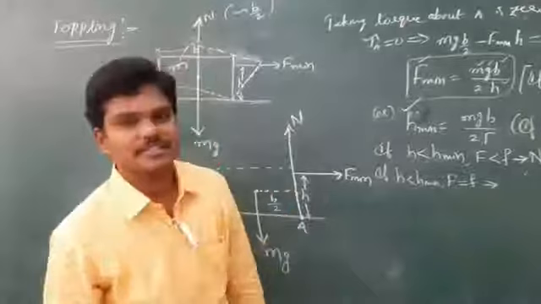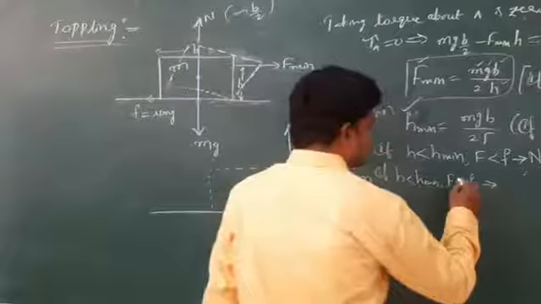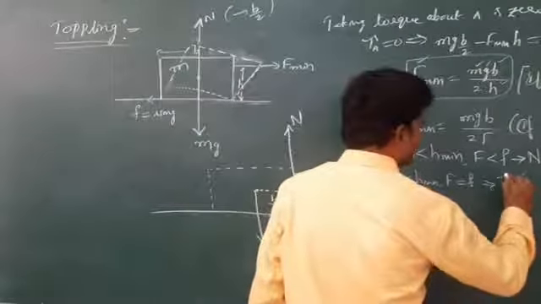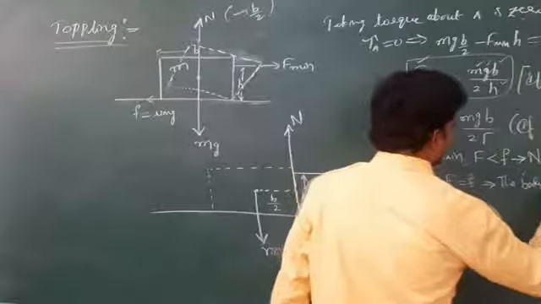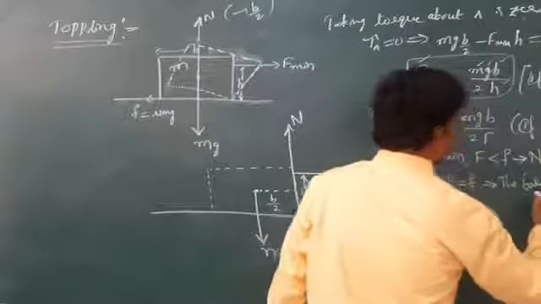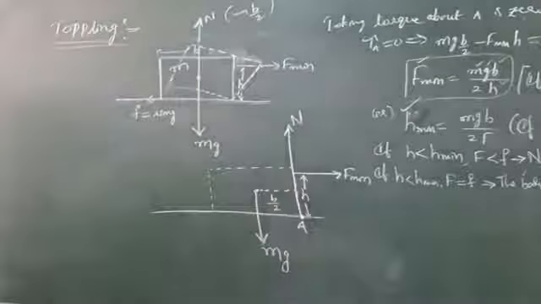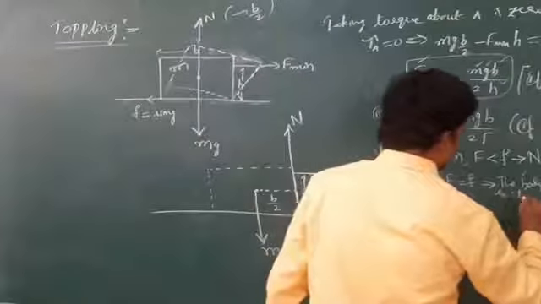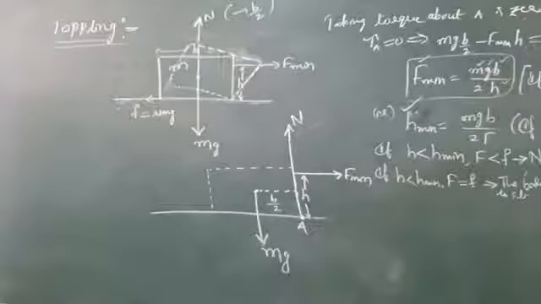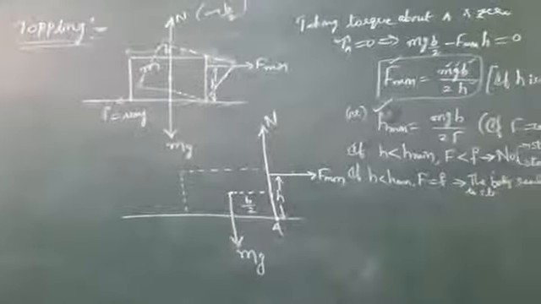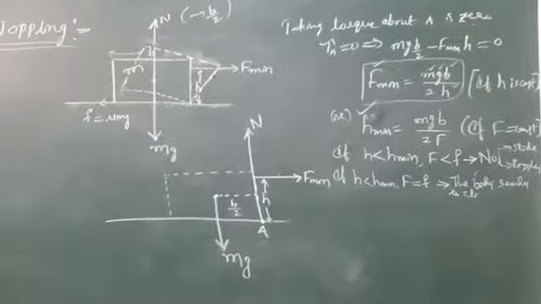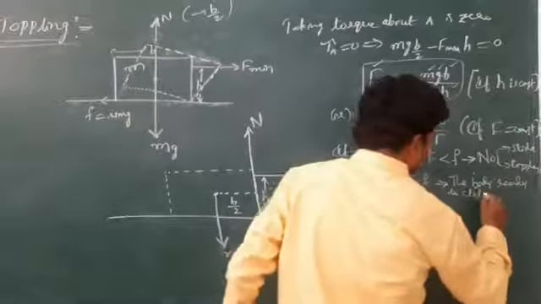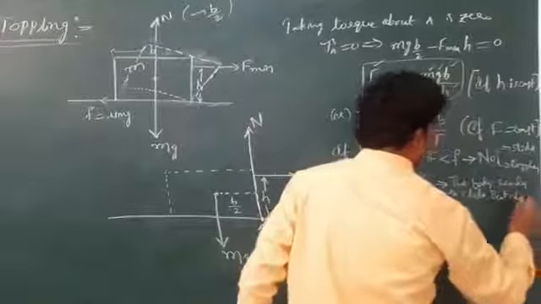In this case, if H is less than H minimum and F equals f, the body is ready to slide, but no toppling. Ready to slide, but no topples.